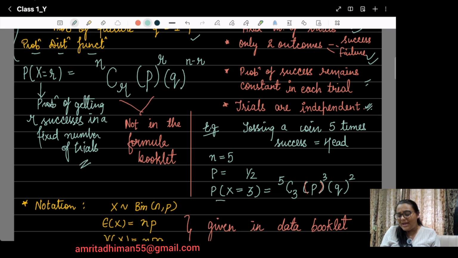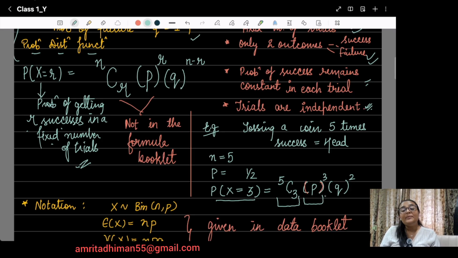Now probability x is equal to 3. We just need to find the probability of getting r successes in the fixed number of trials. That means out of 5, find the probability that we are getting 3 times success. So out of 5, that means 5C3, and we are getting 3 times success, that means p to the power 3, because p is the probability of success.